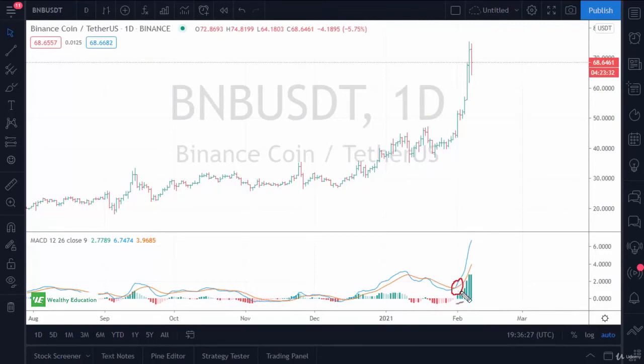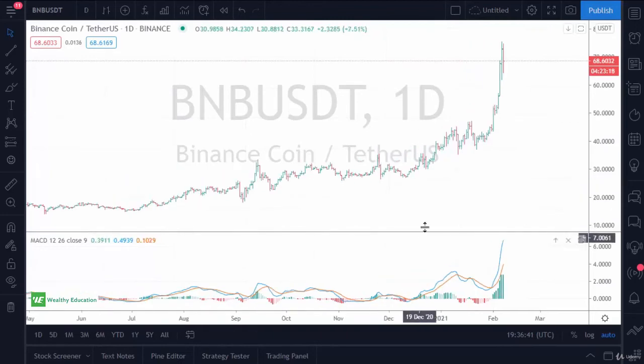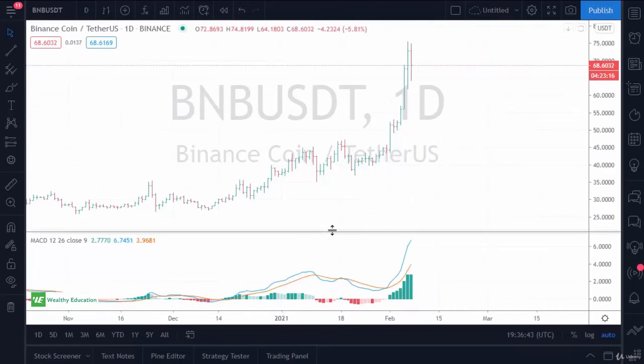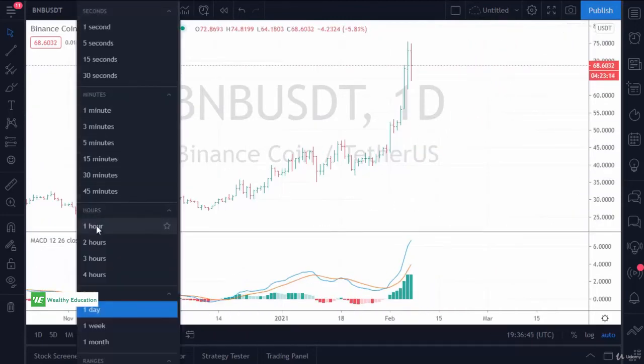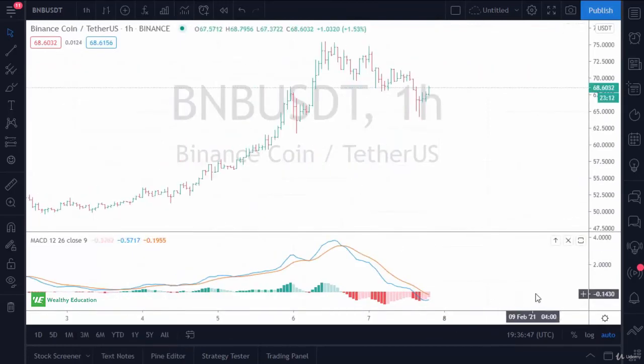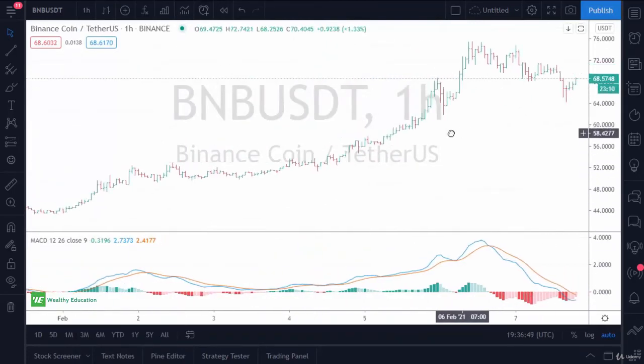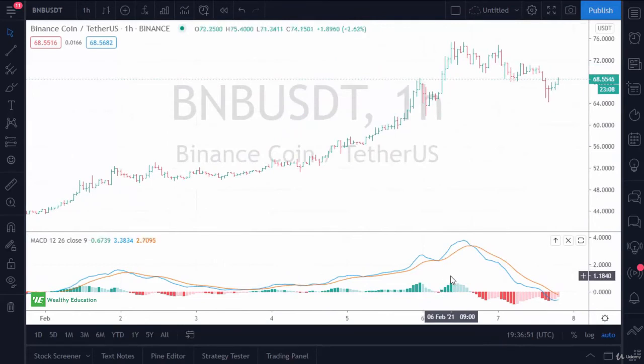You can do the signal crossover, breaking above just like you would with a moving average. And that would have been an entry. You can also use what they call the zero line cross. So 0, right here where the histogram goes green and red, meaning positive or negative. So every time it turns green, you'd be a buyer.